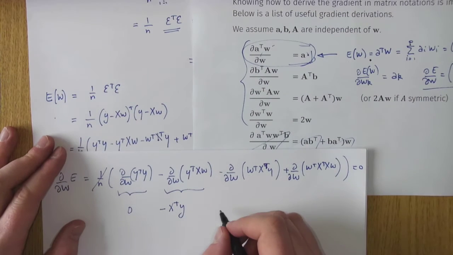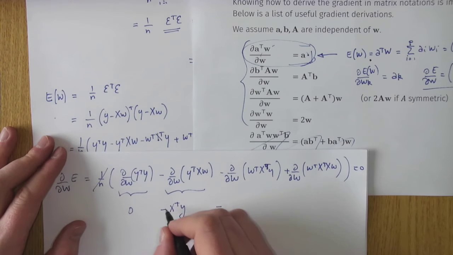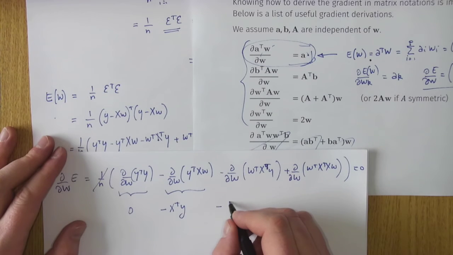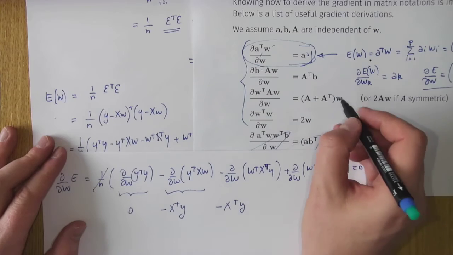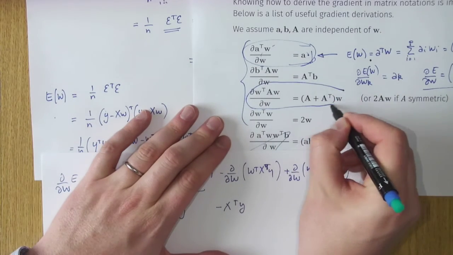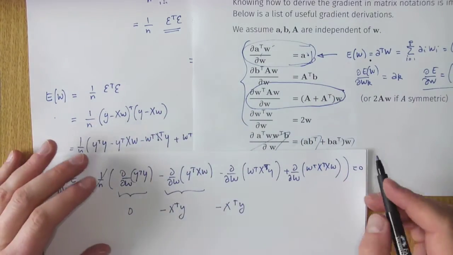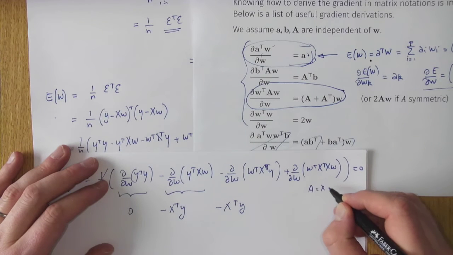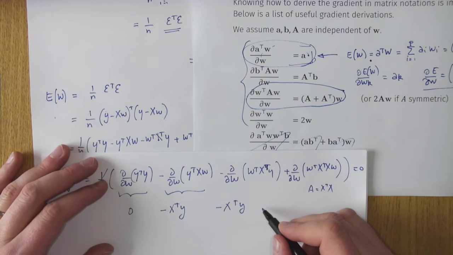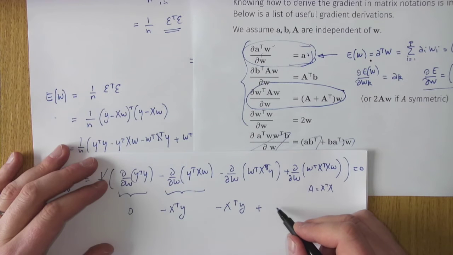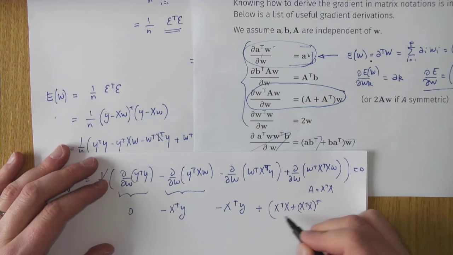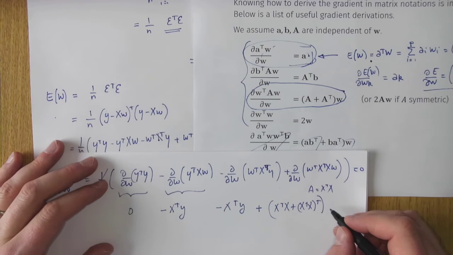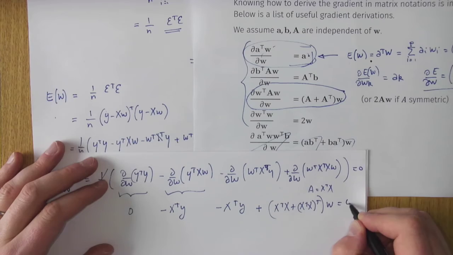And here we can do the same, and it's actually times 2, that's right? Yes, and it actually is the same, it's X transpose Y, and this term here is identified here, where A, if you want, is your X transpose X matrix. So let's say we have plus X transpose X plus X transpose X transpose of W equals 0.